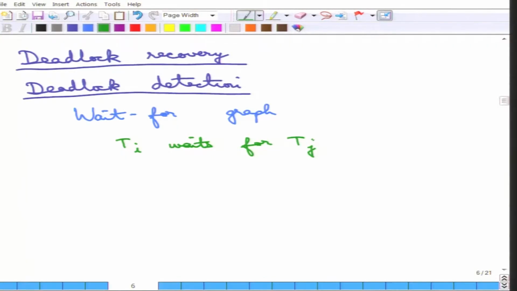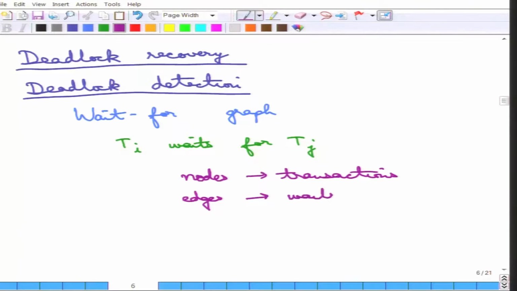That Ti waits for Tj means that Tj is holding a lock on an item that Ti wants. In the graph, the nodes are transactions and the edges are the wait for relationships.